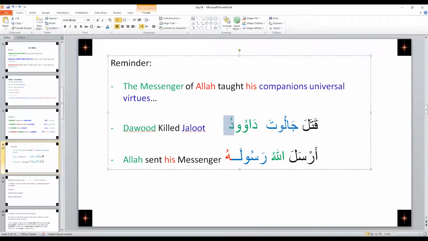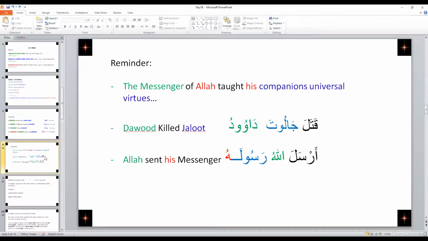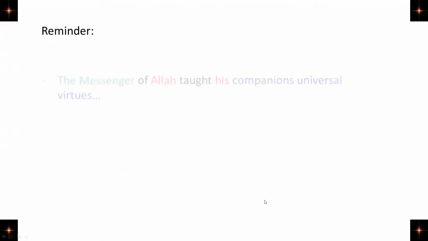It doesn't matter if it is just after the fi'l, maybe two words after, or even at the end of the statement. Just look until the end of the statement. If there is no Rafa Ism, then the doer is inside the fi'l. Okay, very important information that I needed to clarify. Okay, let's go further.